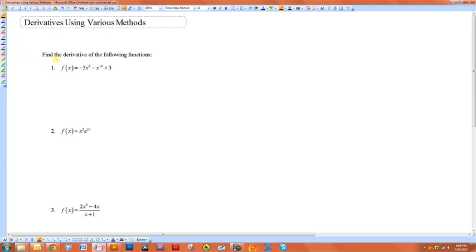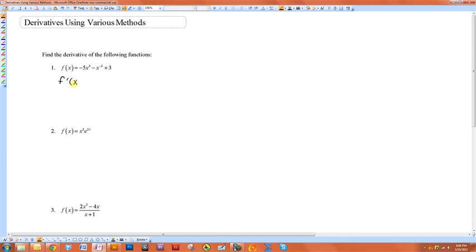Okay, in this video we're going to talk about various types of functions and how to find the derivatives of them. So, for example, if you have this function, it's not quite a polynomial because we have this -2 here, but it's polynomial-like. So whenever you have a polynomial-like function, you simply just take the derivative of each of the individual terms.